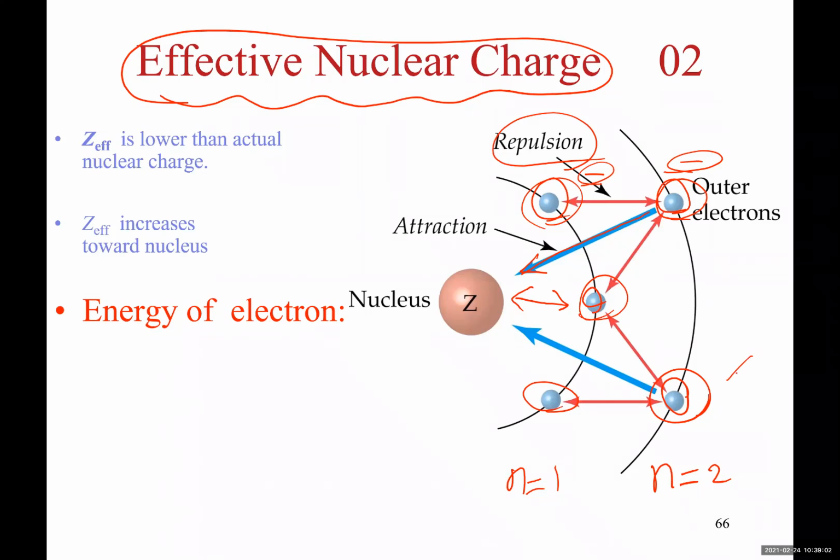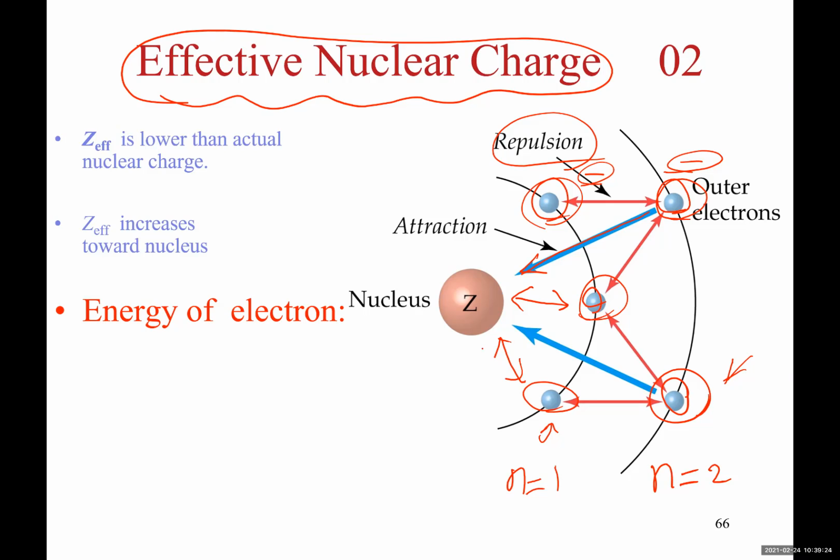Obviously, electrons in n equals 2 have more energy. That means they have more freedom than electrons on n equals 1. Why? Because these are under the strongest pull of the nucleus. They don't have as much freedom. They don't have as much energy.